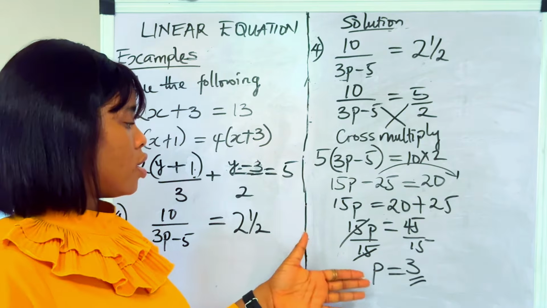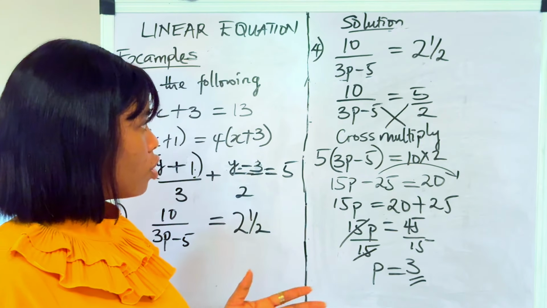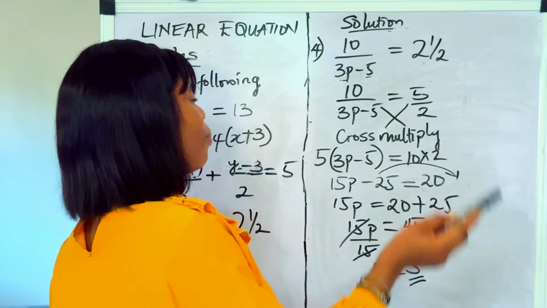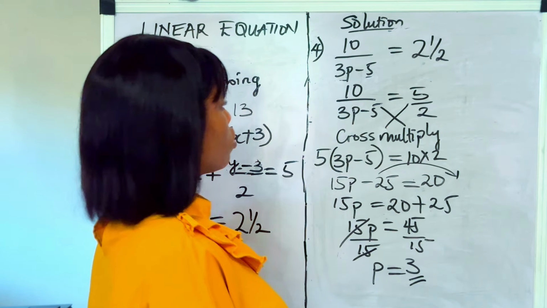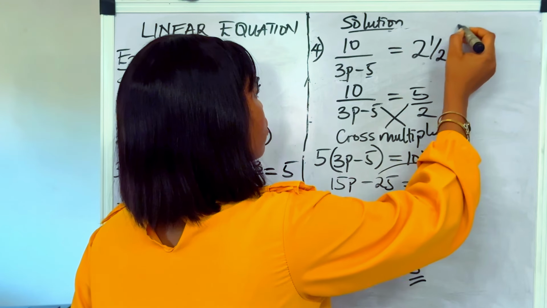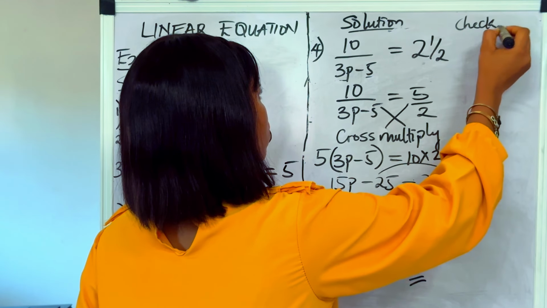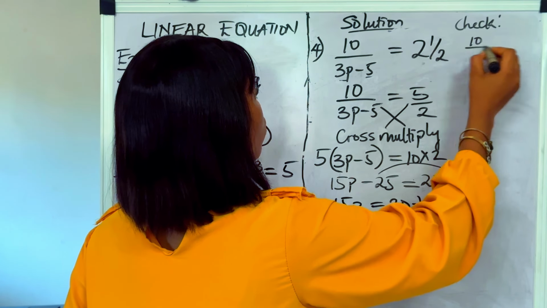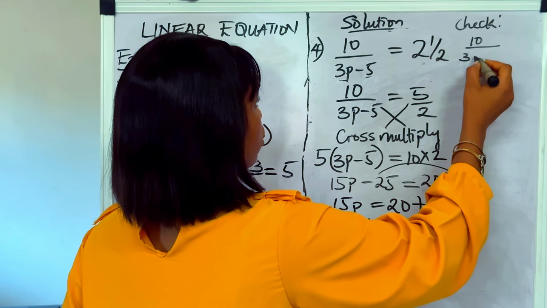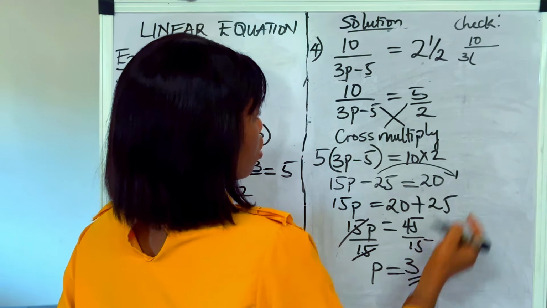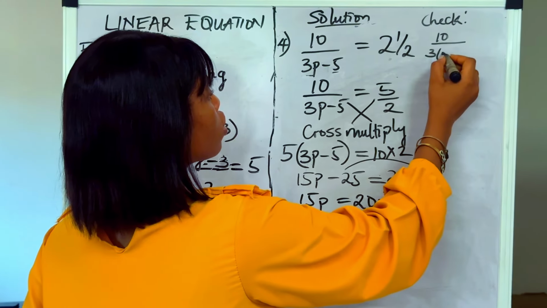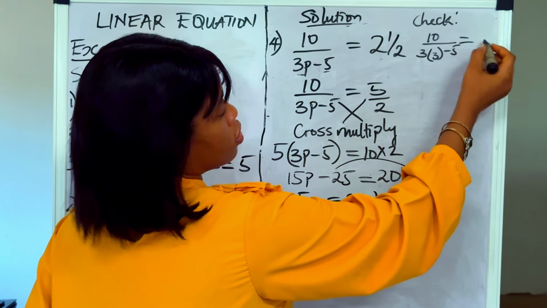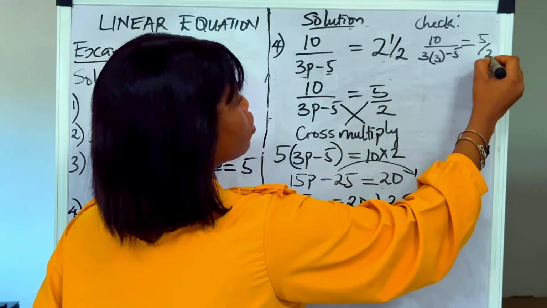Now to check if this is actually correct, we have to substitute 3 back into the equation. So check. I have 10 over 3 into brackets. Anywhere we see p, we put 3, minus 5 equals 5 over 2.